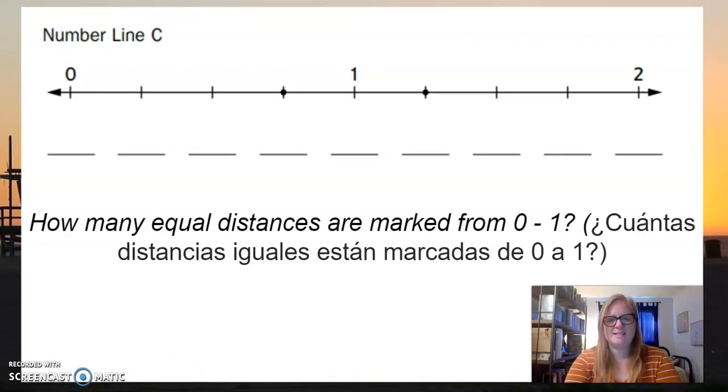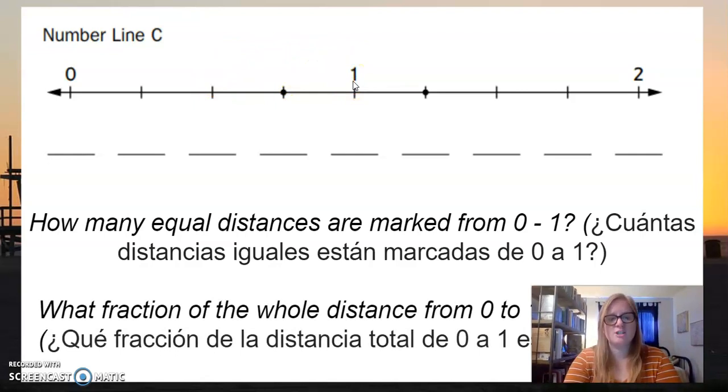How many equal distances are marked from 0 to 1? So we have 0, 1, 2, 3, 4. What fraction of the whole distance from 0 to 1 is each part? So if it takes 1, 2, 3, 4 pieces to make the whole, I know I'm counting in fourths.